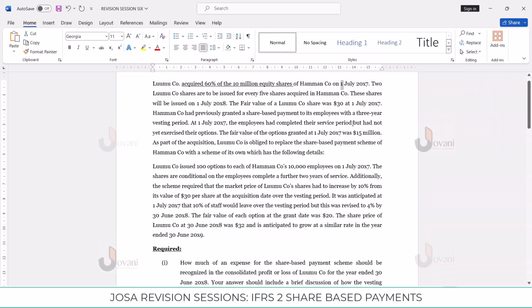Okay, so we proceed. The share price of ELCO at 30th June was this. Remember, since this is an equity settled, the fair value at reporting date is useless. Why? We consider everything at grant date.